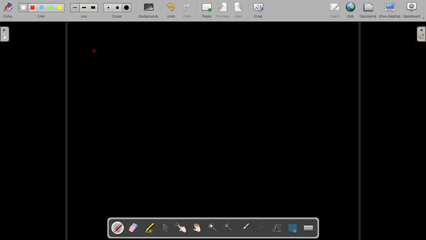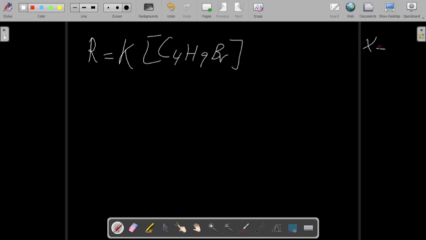We have R equals, which we have not found yet, the concentration of A, and our exponent x was 1. Remember, we don't write it. And the other one is 0, which makes this 1. Anything exponent 0 is 1. So basically, it's this.